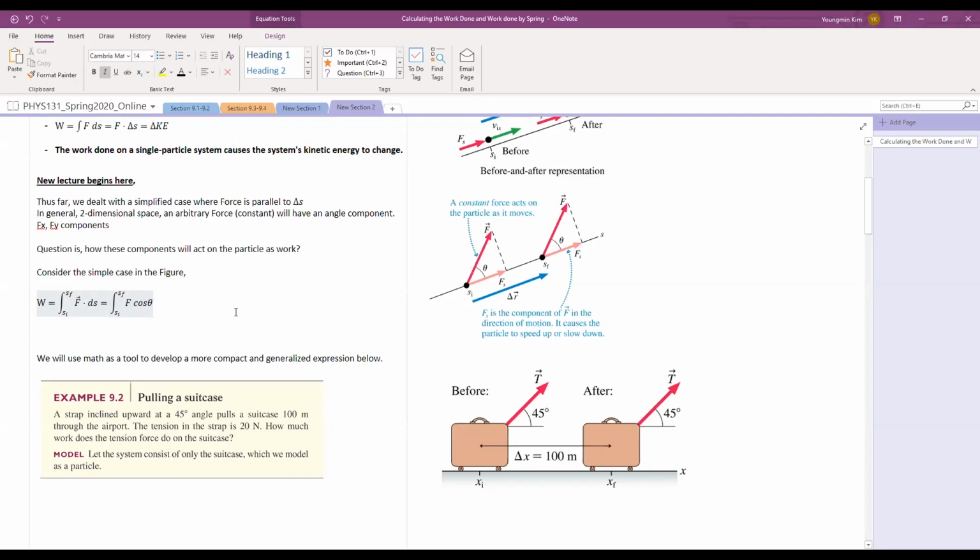And then the rest of the part remains the same, so dot ds. And since we're dealing with a constant force in this example, and the angle, let's just say, is also constant, once it's fixed, it doesn't change. Then this is just a scalar. So what comes out is that this basically comes out of the integral.